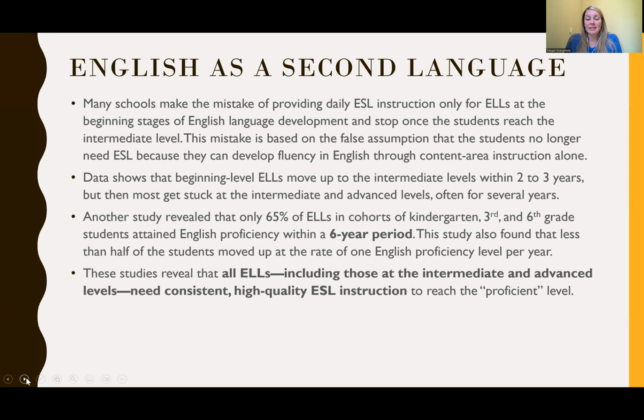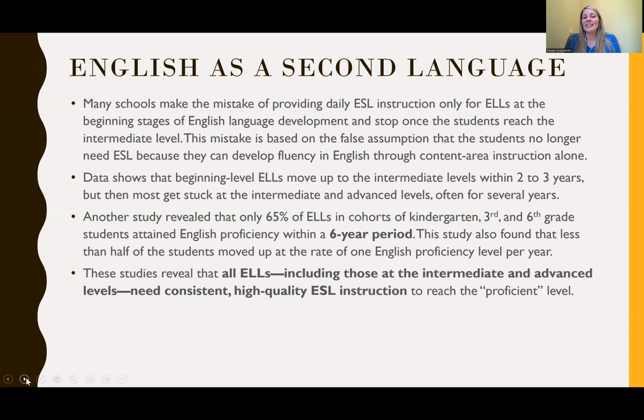Another study, which I think is very interesting, showed that only 65% of English learners in cohorts of kindergarten, third, and sixth grade students attained English proficiency within a 6-year period. The study found that less than half of the students moved up at the rate of 1 English proficiency level per year. So we're always pushing our students in their process of learning English and second language acquisition.